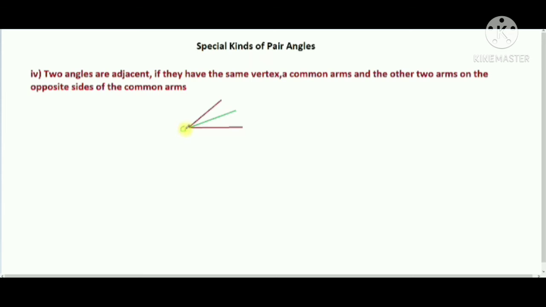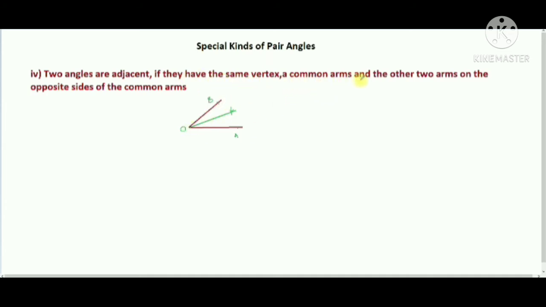Okay, so if this common point is O, and this is suppose A, and this one is B, and this one is suppose C. These common arms OC for both arms OB and OA.